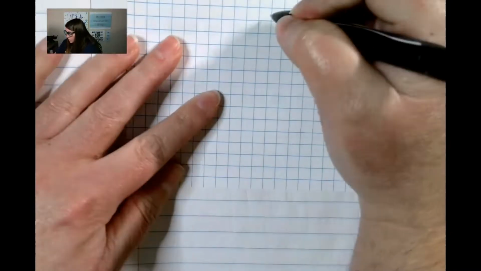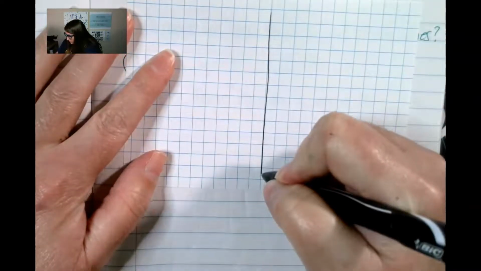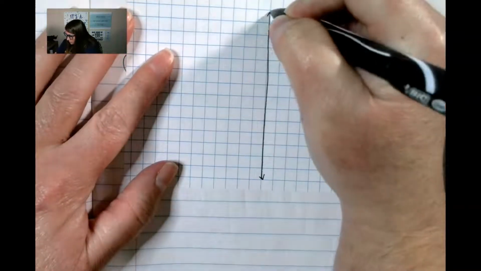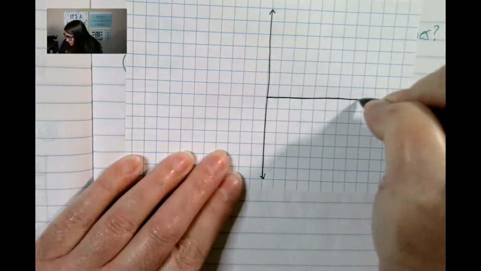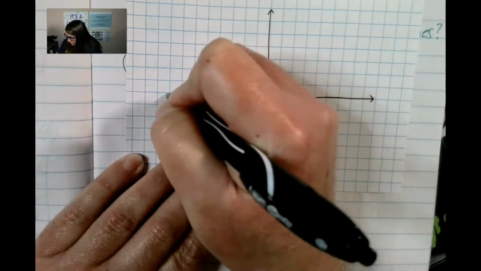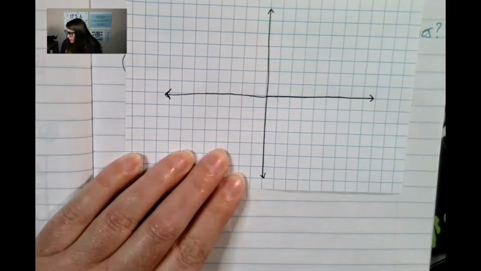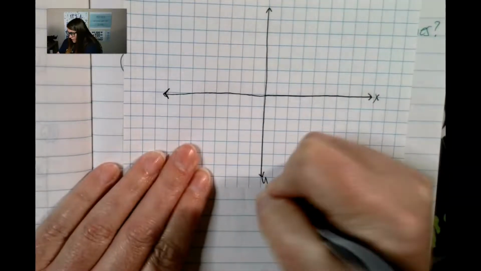So we're going to draw out our x-axis here. That's the y-axis, and then the x. So we have an x-axis, and we have our y.